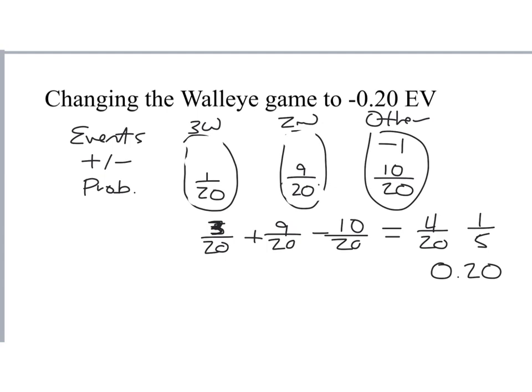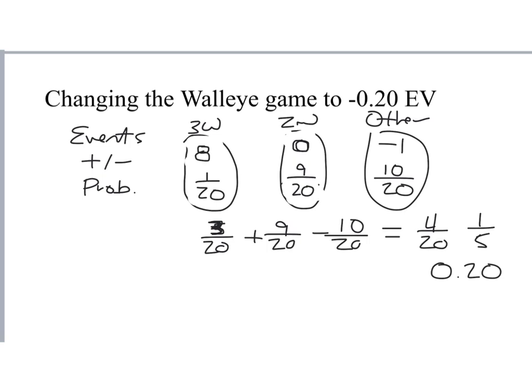The 2 walleyes, half the time, I'm just going to get my money back when I do that. I'm going to make that 0. Paying $1, getting $1 back. The 3 walleyes then, I can be a little bit more aggressive here. Let's make this $8.